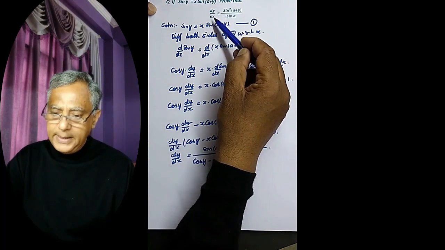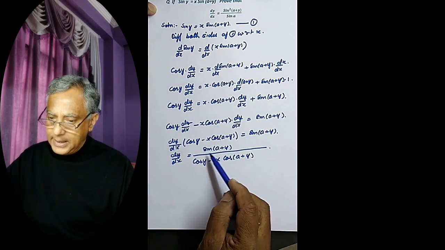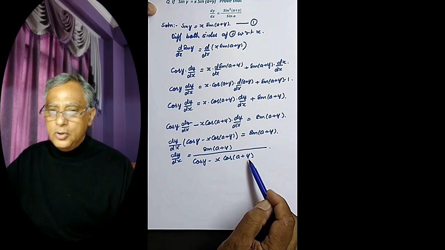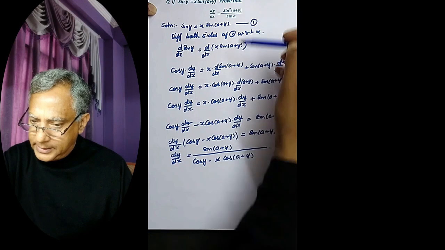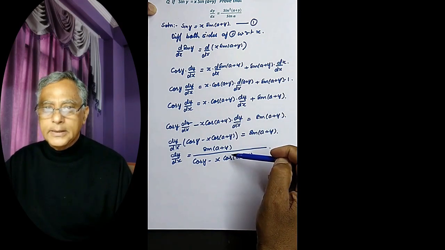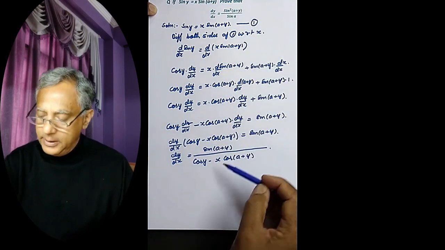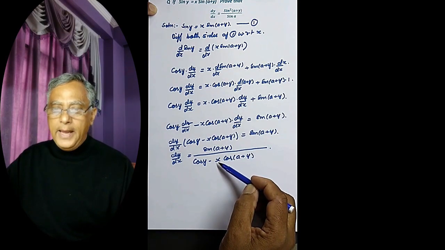We have to prove that dy by dx is sin square(a + y) over sin a, but we are getting the answer as sin(a + y) over (cos y minus x cos(a + y)). So what is the difference between these two answers? Here there is no x involved, and here we have a term involving x.